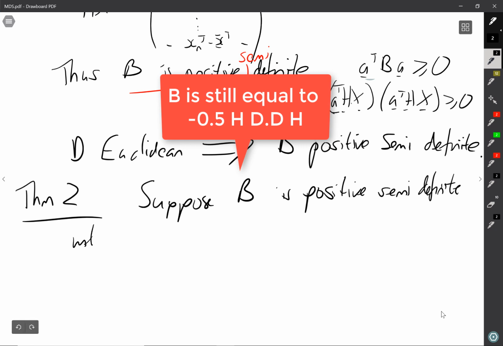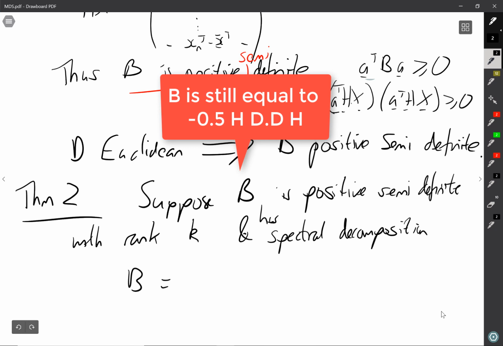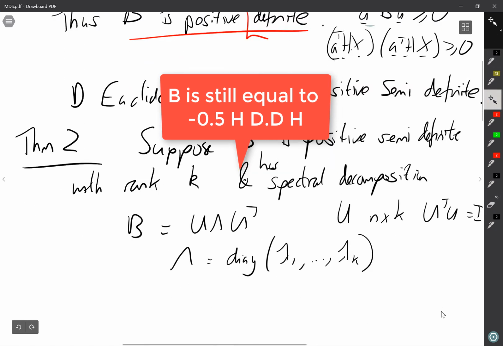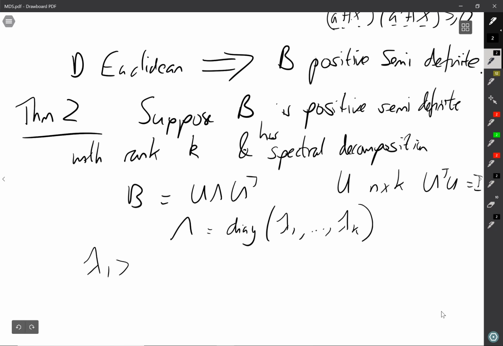Let's suppose it has rank k, and then it has spectral decomposition B equals U lambda U transposed, where U is n by k with U transposed U equal to the identity, and capital lambda is a diagonal matrix with the k positive eigenvalues, lambda 1 bigger than or equal to lambda 2 and so on, bigger than or equal to lambda k, which is bigger than 0.